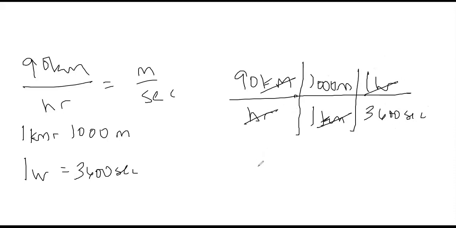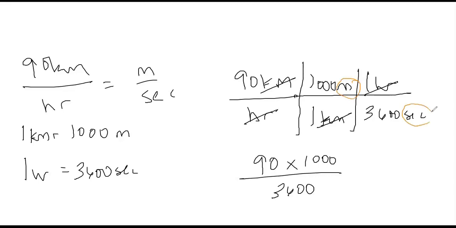Hours cancel. So this gives us 90 times 1,000 over 3,600. And we're left with meters per second. 25 meters per second in our calculator.